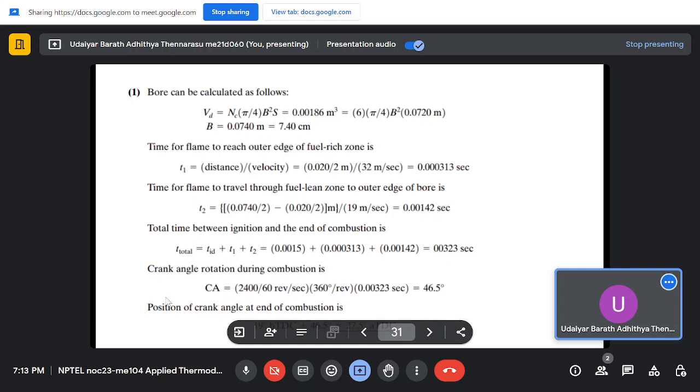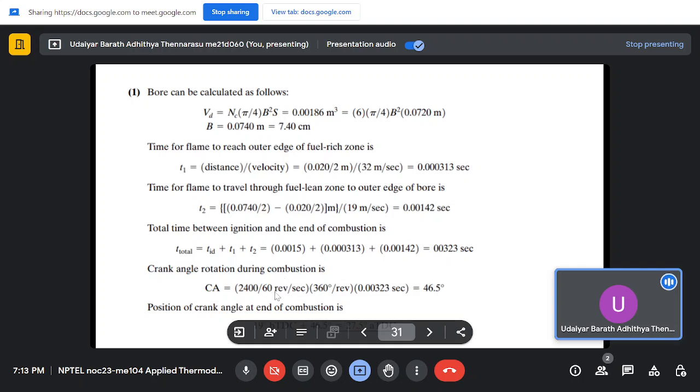Now the crank angle rotation during combustion: the engine is running at 2400 rpm, divided by 60 gives revolutions per second, times 360 degrees. That is the amount of degree rotation per unit time, multiplied by the time.